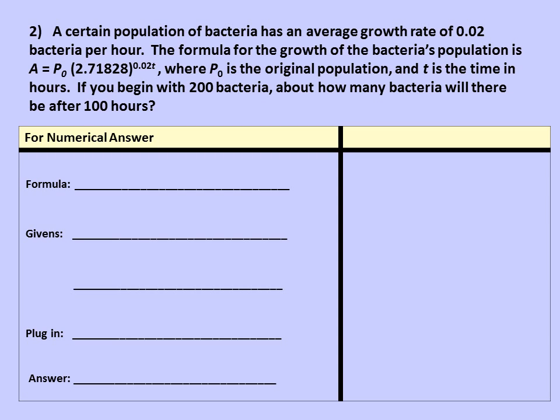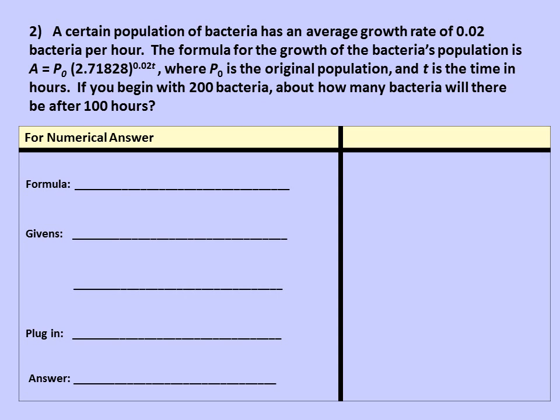The exponent is going to be 0.02t. There's a variable in our exponent. Where P0 is the original population, t is the time in hours. If you begin with 200 bacteria, about how many bacteria will there be after 100 hours?